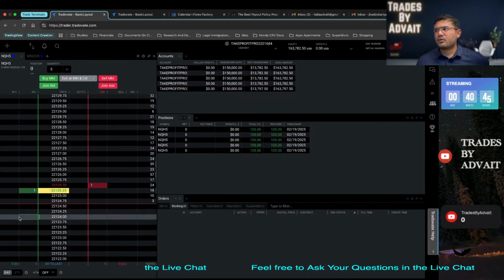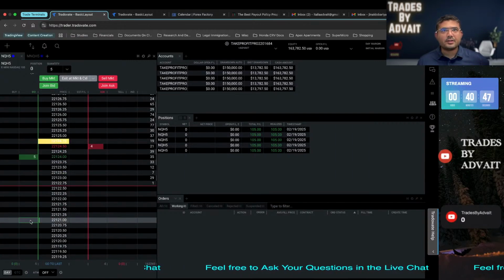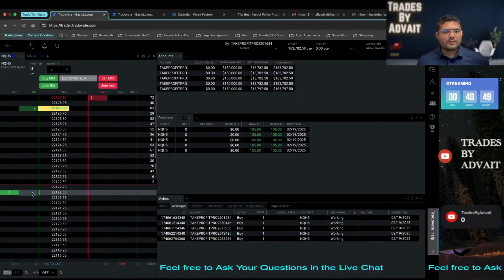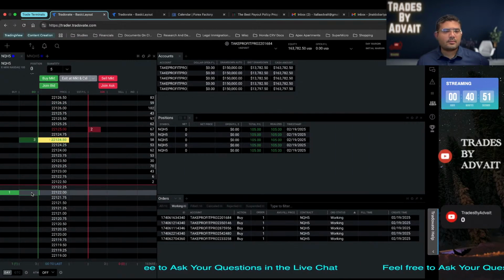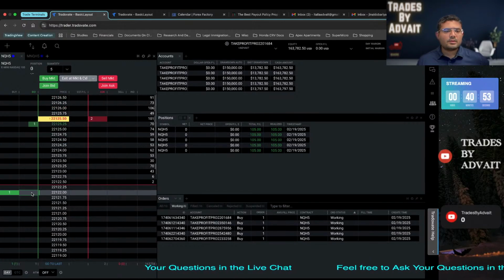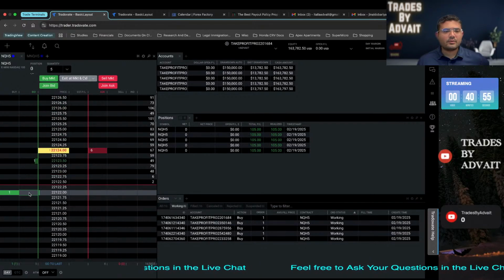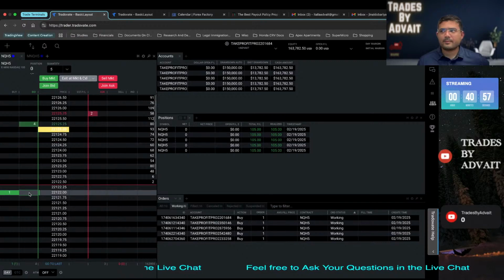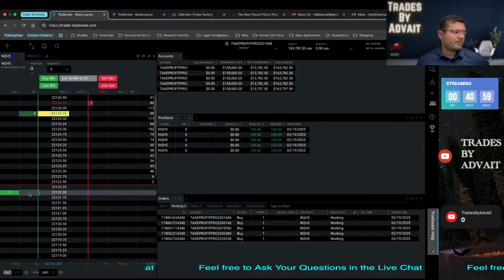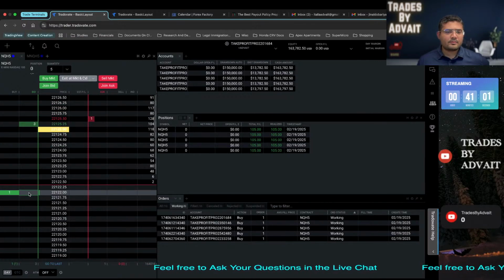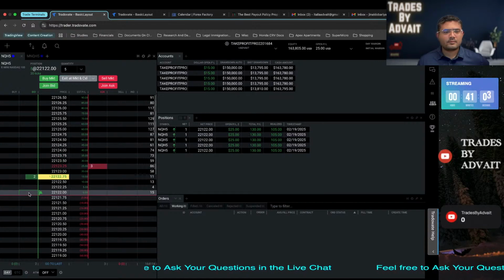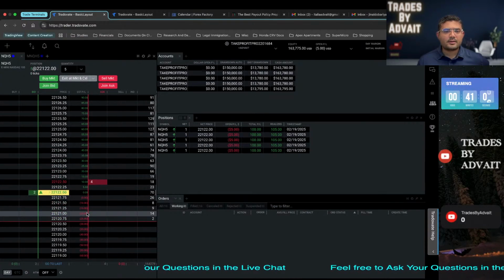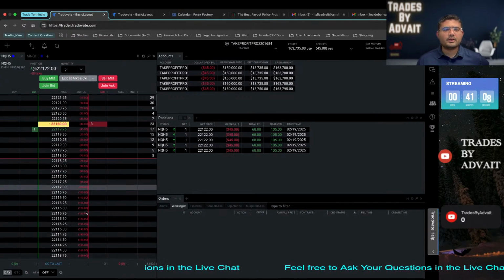Okay, so the 128 level has been breached, and I'm trying to grab this price at 122. Let's see if we can get it. Okay, looks like I entered the position, so I got filled.